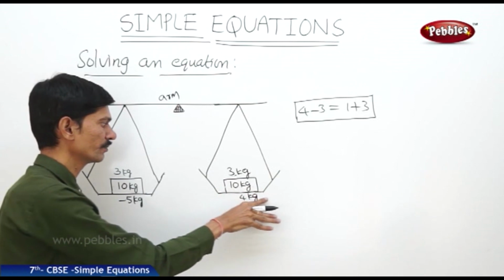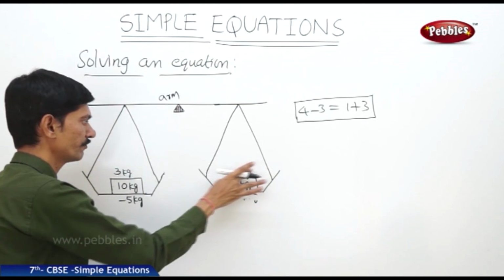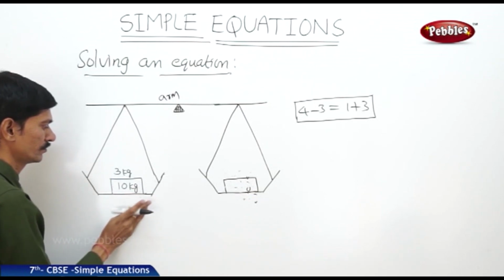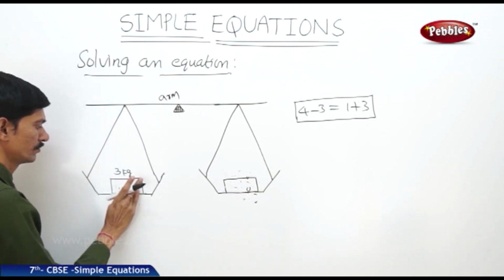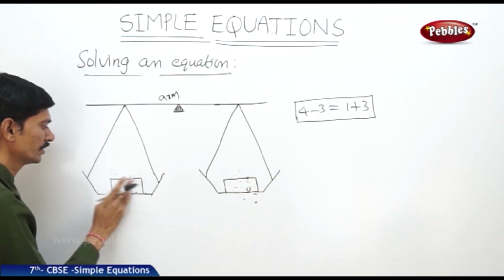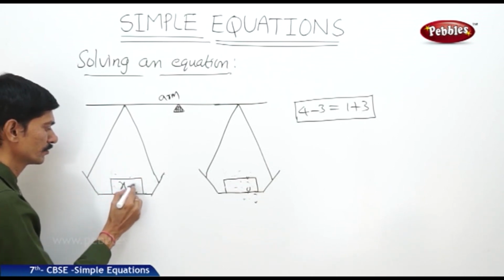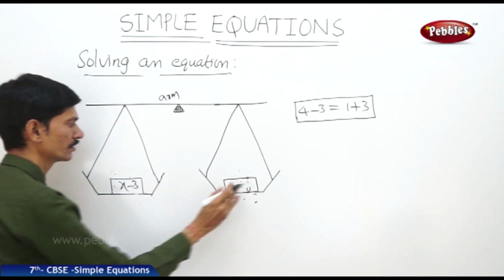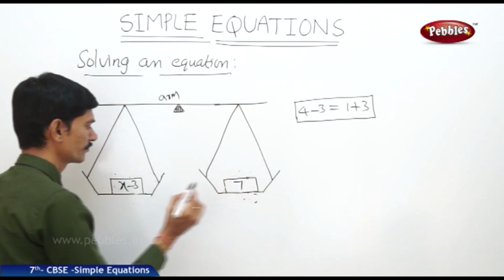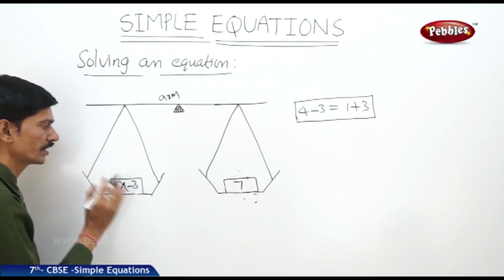Now for example, in the left pan there is an expression x minus 3, and in the right pan that is 7. Now how to find the value of x?